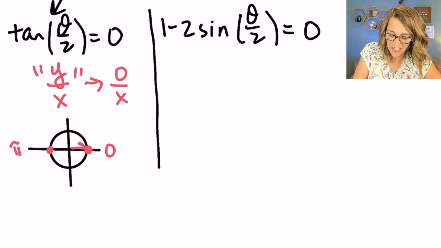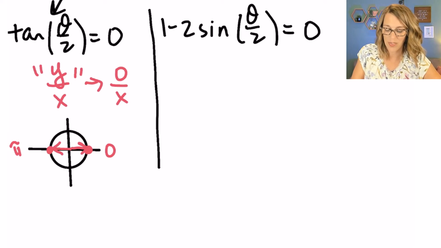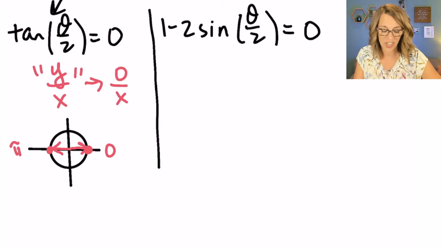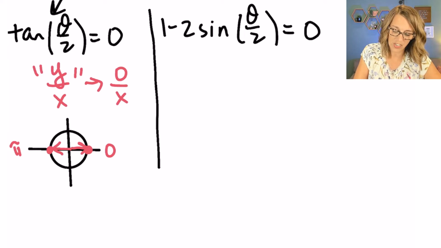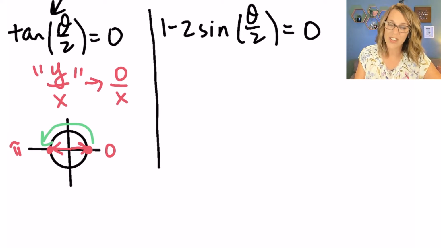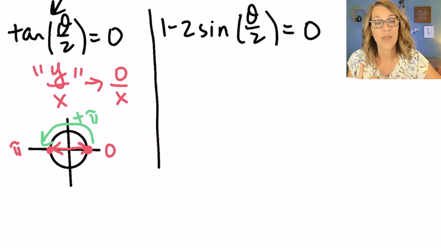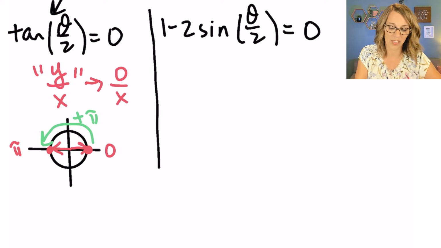So I know that I've got these two angles within one rotation, but I want to go ahead and write out my general solution, and I notice a really nice relationship between those two. I can start at 0 and add multiples of pi, so plus pi, plus 2 pi, plus 3 pi, and then subtracting those as well.